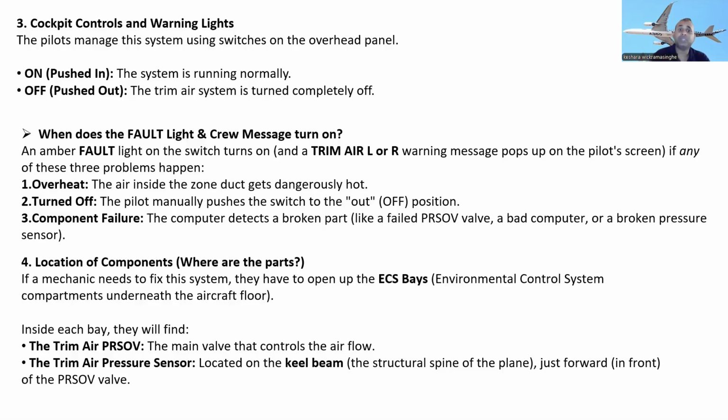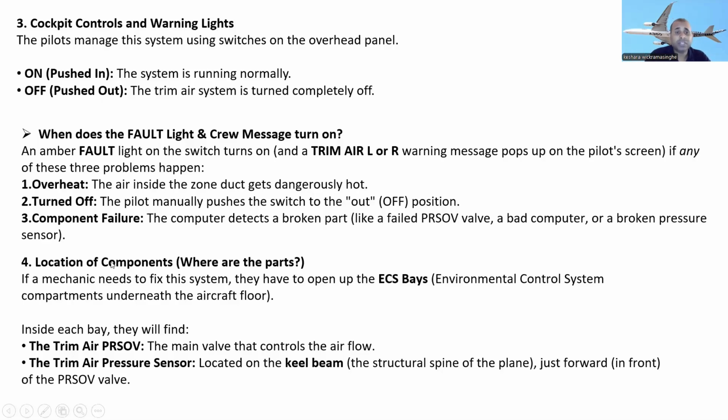Turn off means the pilots manually push the switch to the out, off position. Component failure means the computer detects a broken part like failed pressure regulating shut-off valves, a bad computer, or a broken pressure sensor.